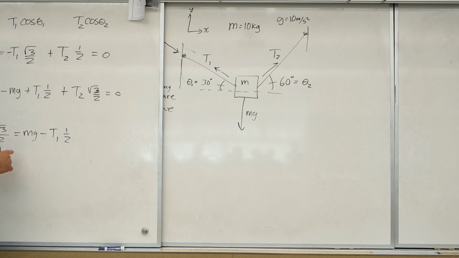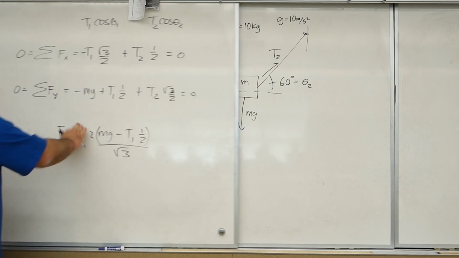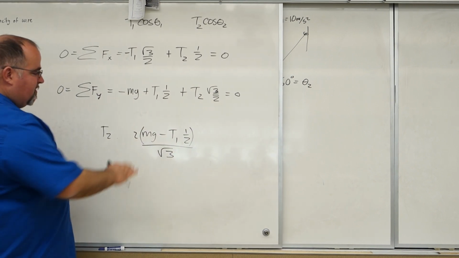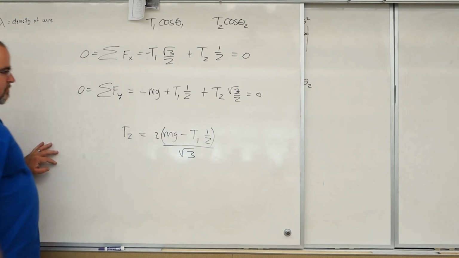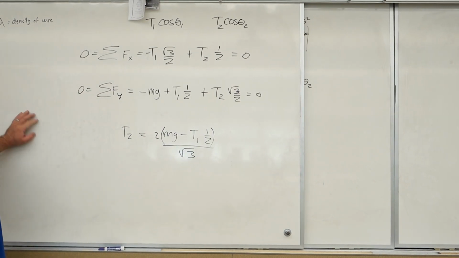Then we divide both sides by 3/2. That puts square root of 3 here, and then we can just multiply the quantity by 2. Is this for the Y component or the X? Can you guys see this? Can the camera see this? Okay. Is that okay?